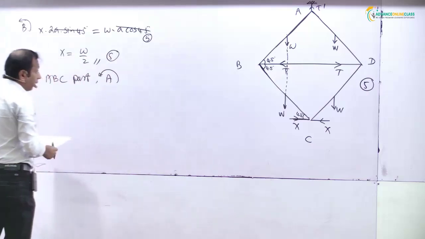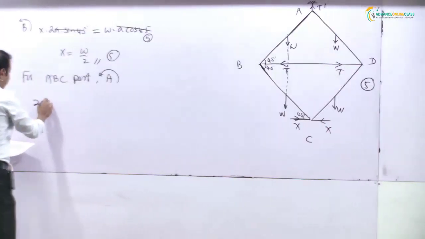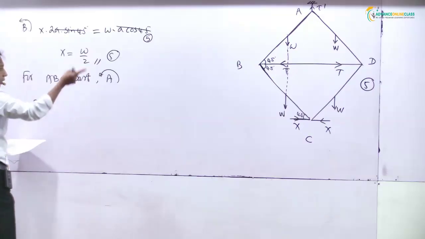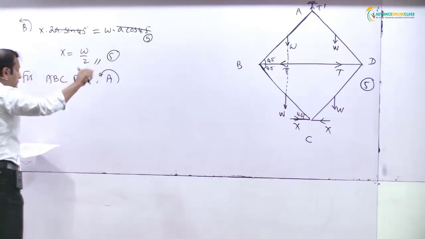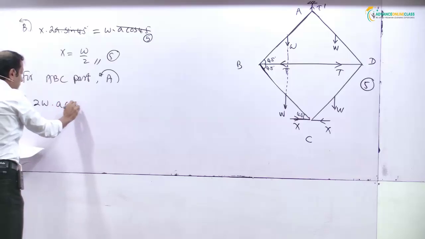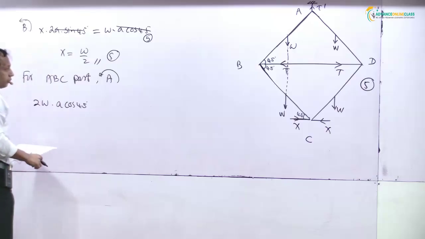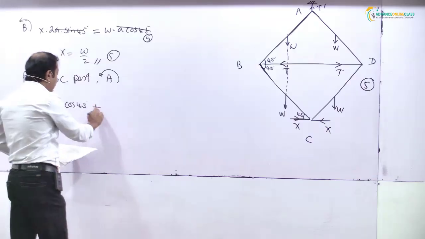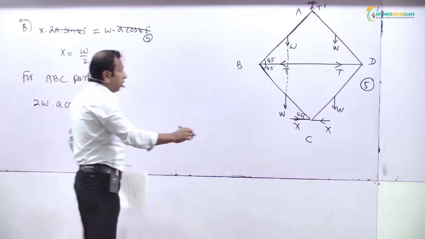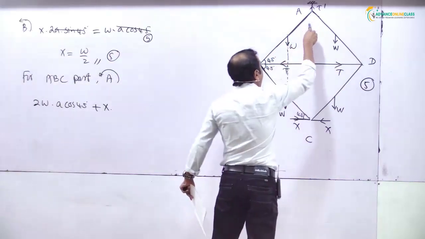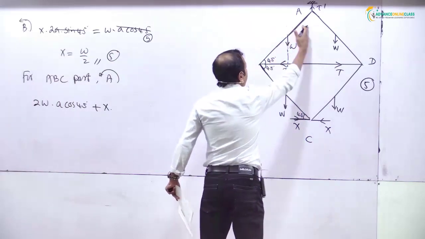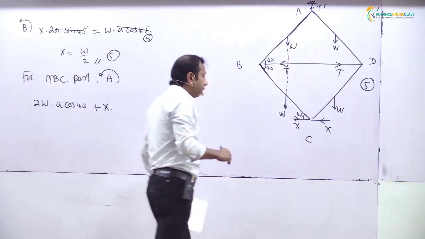Then we get 2W. We'll take around A anticlockwise moment: 2W into a cos 45 plus X into this length. What's that? 2a cos 45, 2a cos 45, 4a cos 45.